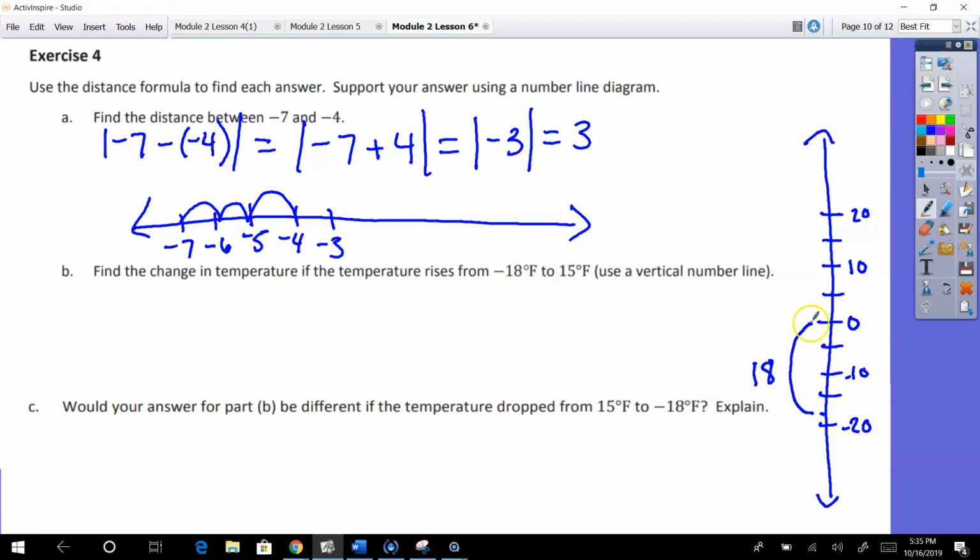And then from 0, we have to go up 15 more. So then this is 15. So then together, 18 plus 15, 8, 9, 10, 11, gives me 33.